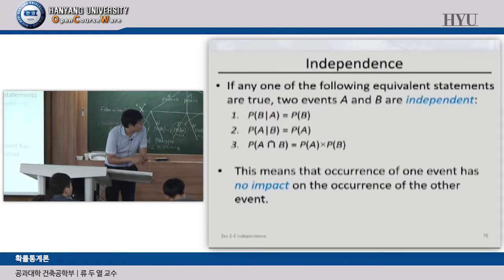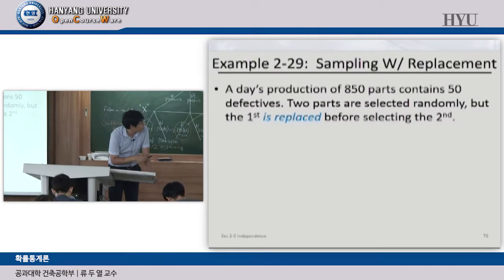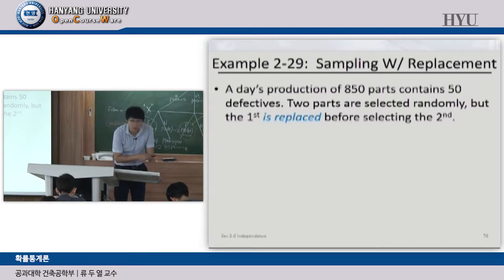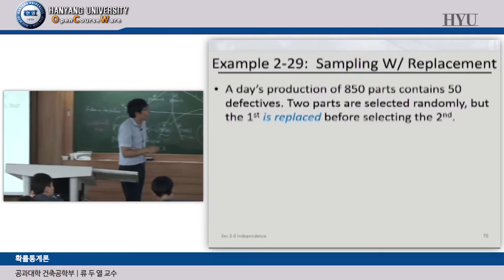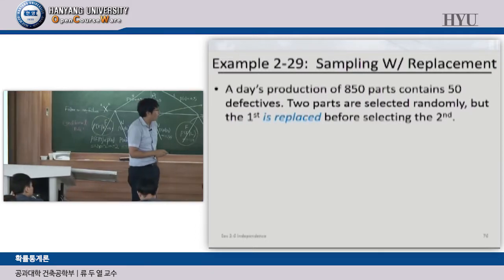So from this definition, we can solve example 2-28-9. This is about the case of sampling with replacement. Okay? A day's production of 850 parts contains 50 defectives. 2 parts are selected randomly, which means equally likely.